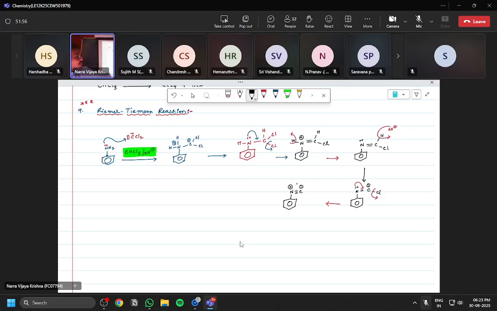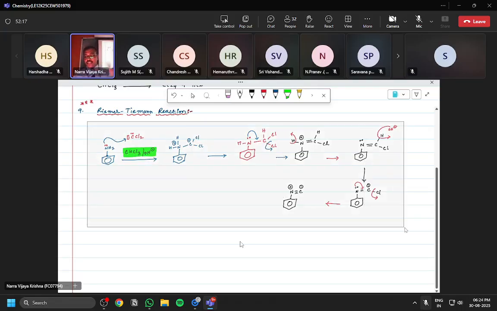So what does it lead to? Isocyanides. Primary amines in the presence of chloroform and base lead to the formation of isocyanides. What is the intermediate? Carbene is the intermediate. What do we call this reaction? The carbylamine test. Any questions?